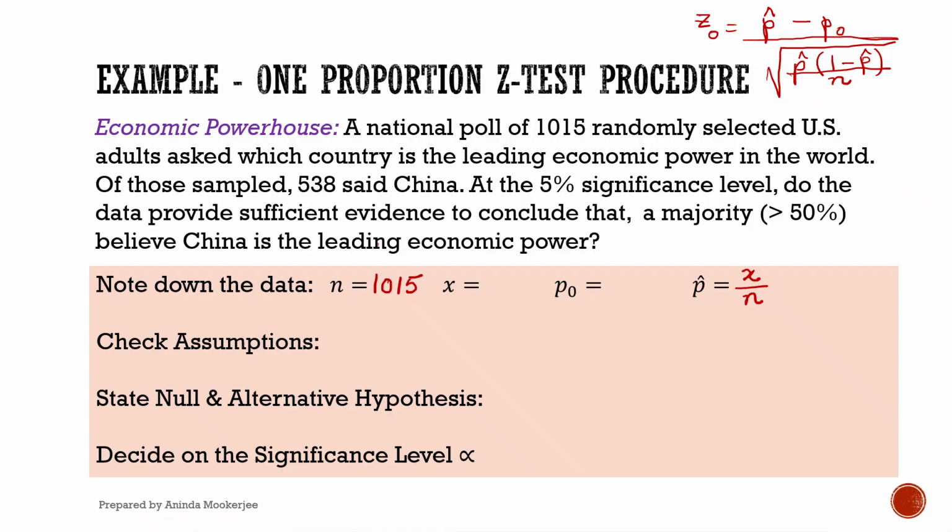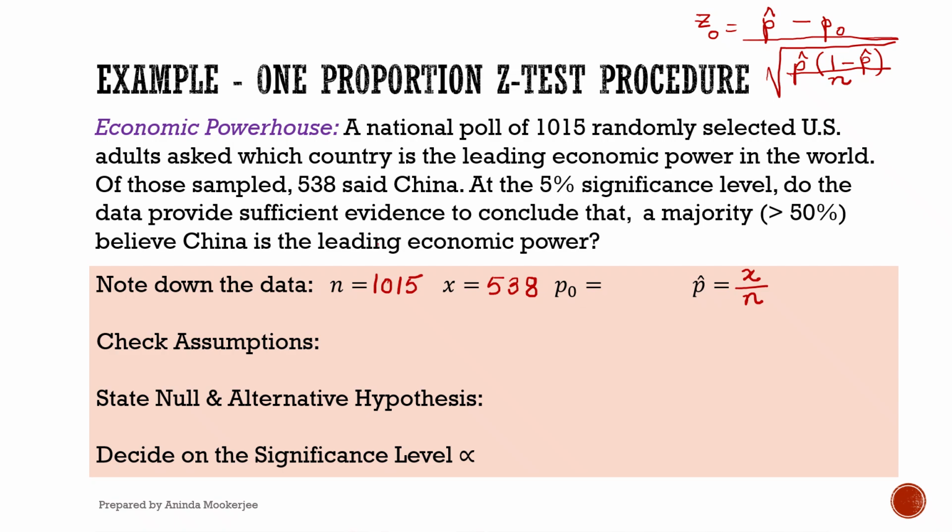What is x? X is the number of respondents that replied yes, in the affirmative, to the question. So 538 said China, so x is going to be 538. I'm listing all my data.